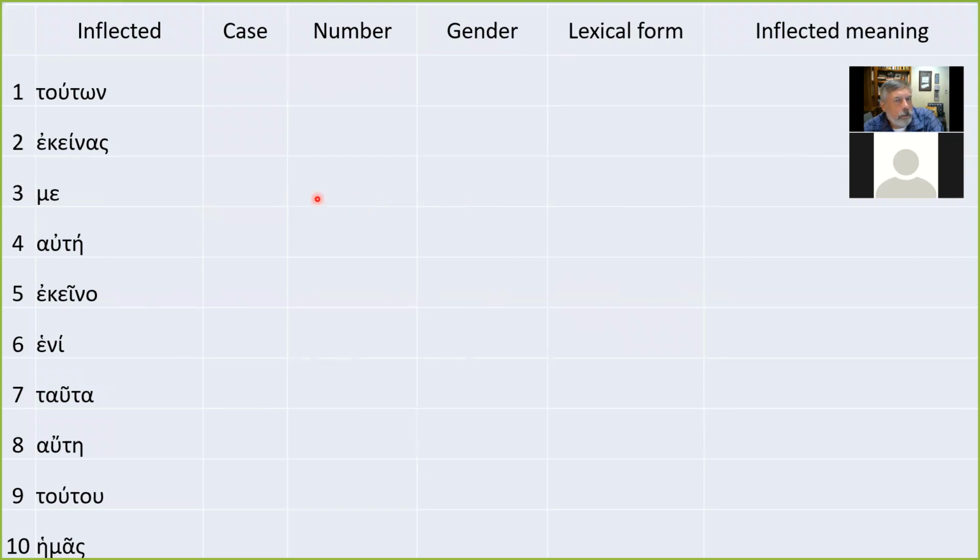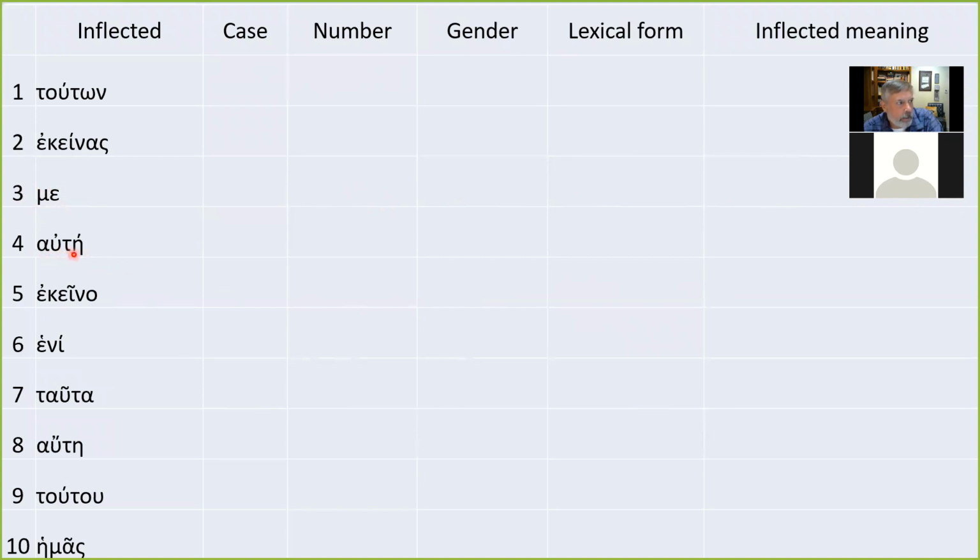It would have to be first. It would be first. That's right. The second person would be se, and so it is first person. So it would be first person, no gender, but it is a first person singular. Lexical form would be ego, as we mentioned. Its inflected meaning would be pretty straightforward. Me. Me, yeah. I always like this one because me is me, and it works out very good.